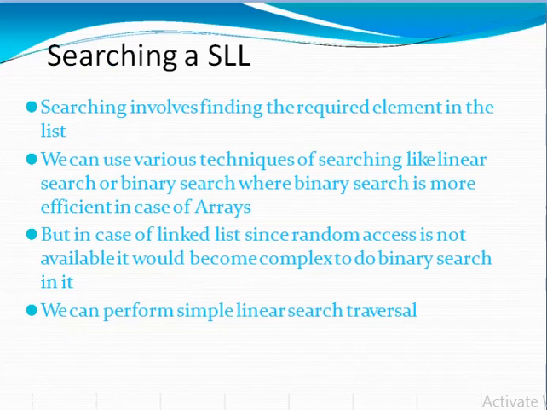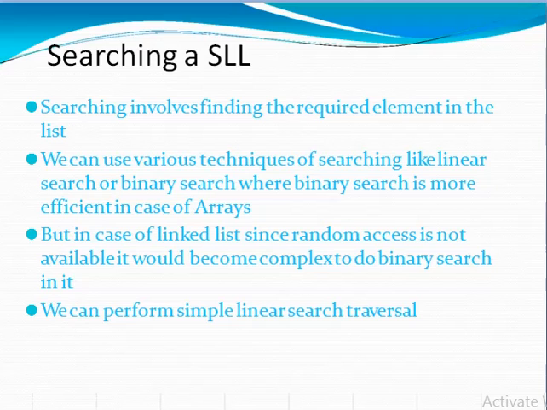And the next operation that we can perform on a singly linked list is searching. Searching involves finding the required element in the linked list, whereas we can use various techniques of searching like linear search or binary search, where binary search is more efficient in cases of arrays as well.